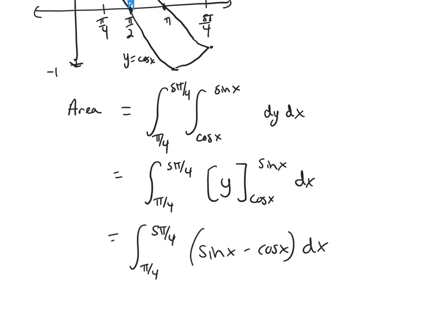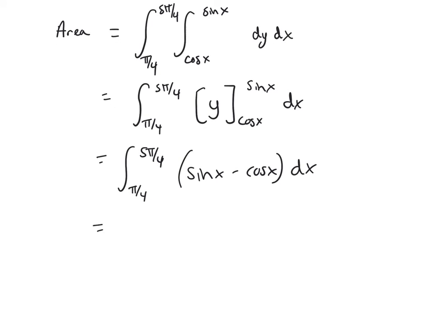And then when I integrate sine, you're going to get minus cosine. Cosine is sine, from pi over 4 to 5 pi over 4.